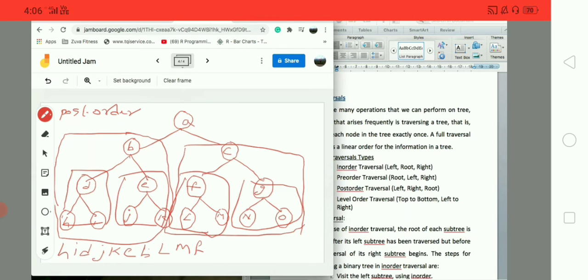In the same way, N, O, G. And for these two subtrees C is the root node. Now we visited the left side and right side nodes. After that at last we have to visit the root node, that means A is the root node. So in this way each and every node will be traversed as left, right and root.